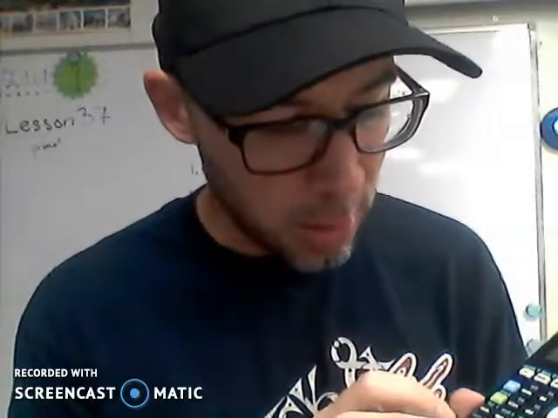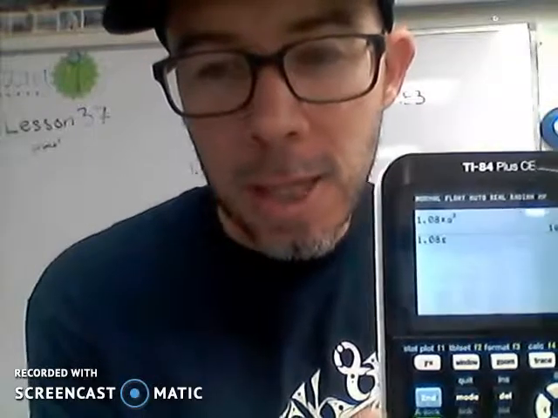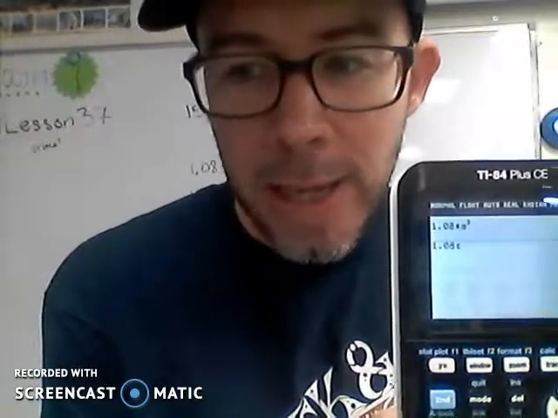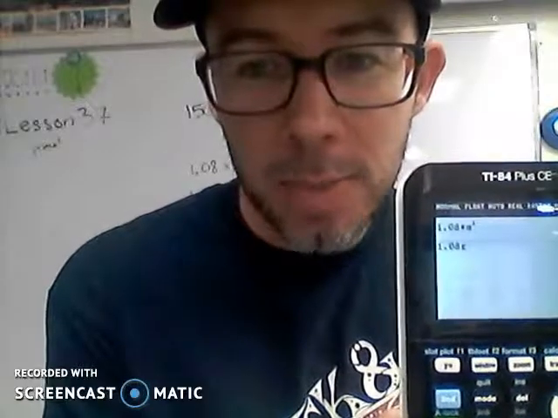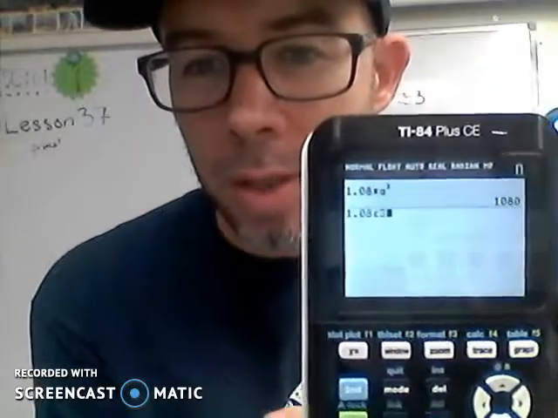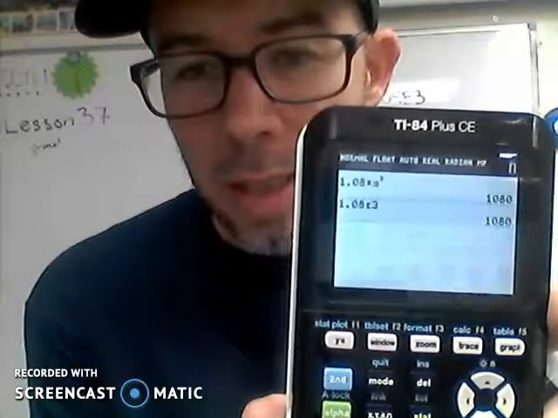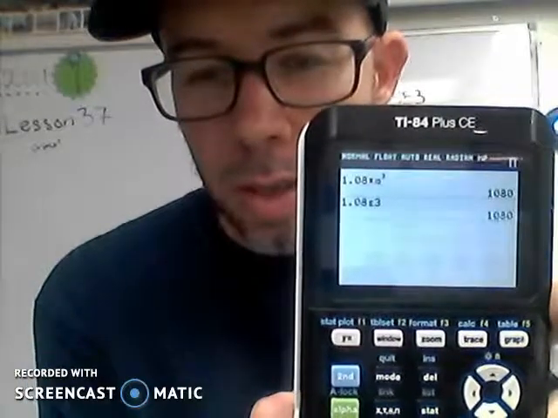So you can go second and then press the comma, and up pops an E. And here, E means times 10 to the power of. So all we need to do at this point is type in 3. You can write it like this, 1.08E3, and you get the exact same answer, just to show you that those two things are the same.